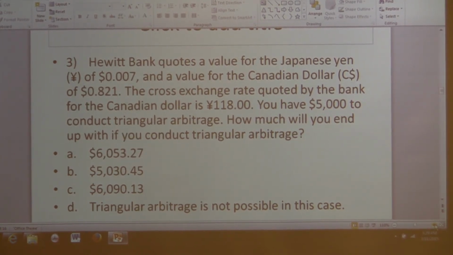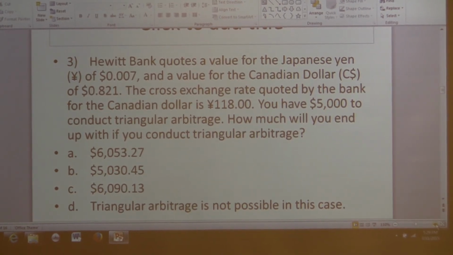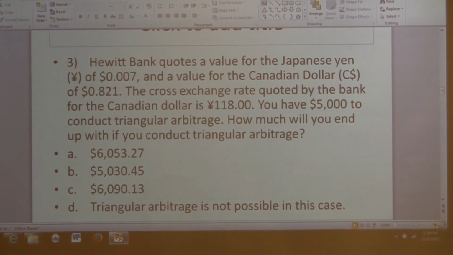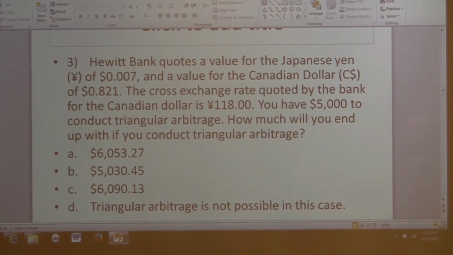So that's what we will do here if you want to profit from the triangular arbitrage, okay? So here, how much? $5,000?